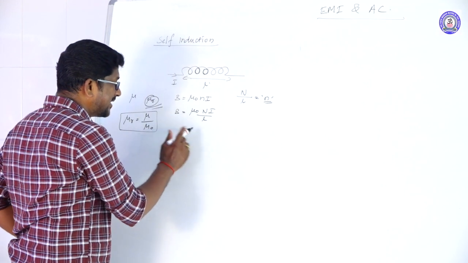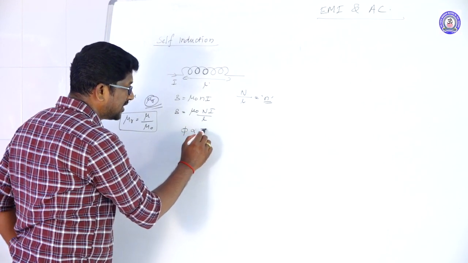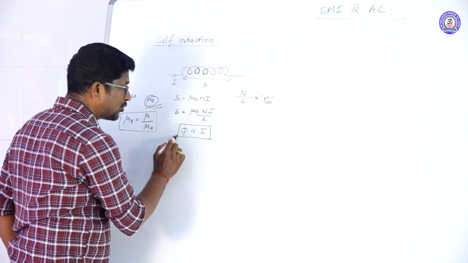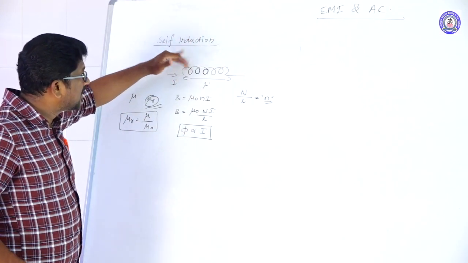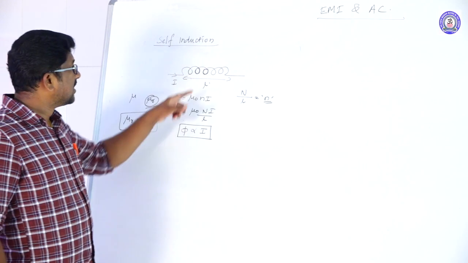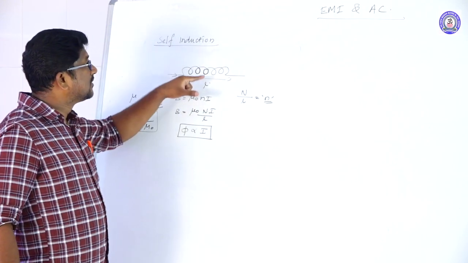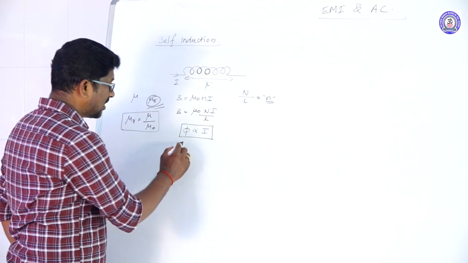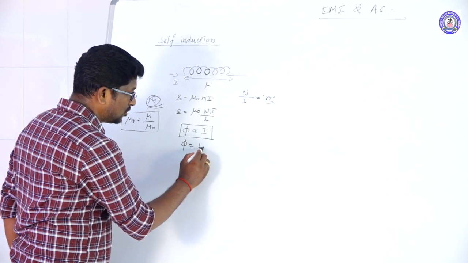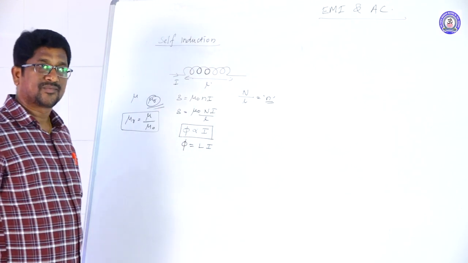And this total magnetic flux linked with the solenoid is always directly proportional to current. If the magnitude of the current flowing through the solenoid is greater, the total magnetic flux linked to the solenoid is also greater. So Φ is directly proportional to I, or Φ is equal to L into I, right?